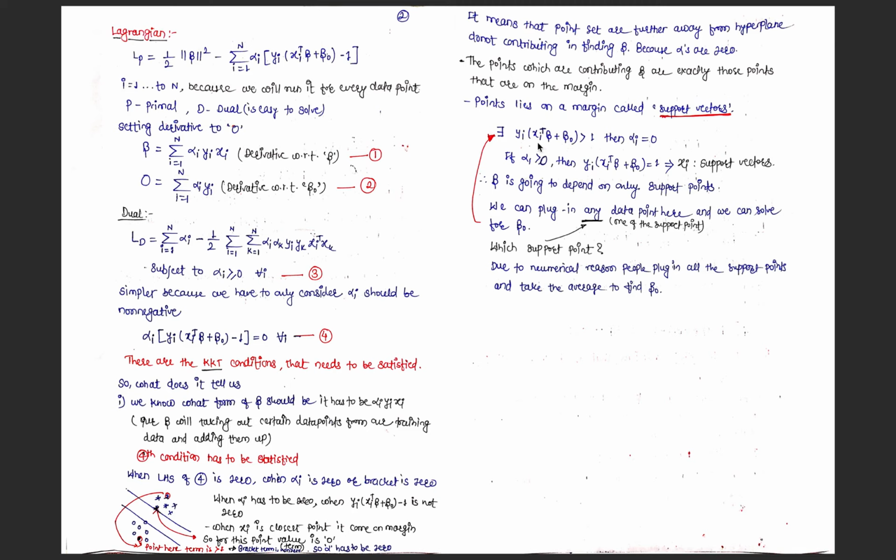First we put one in this equation and find beta naught, then put in the next one and again find beta naught. Suppose there are 5 support vectors, then we take the 5 values, sum them and average them, and according to that we find beta naught.